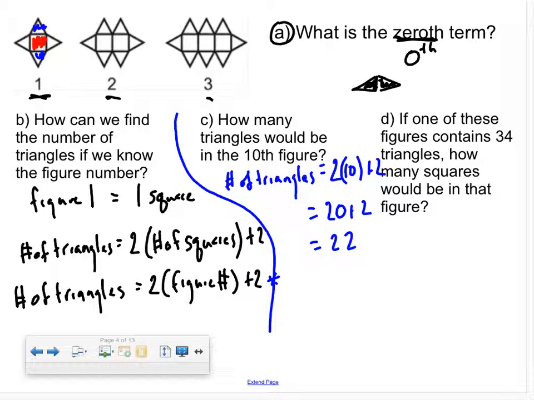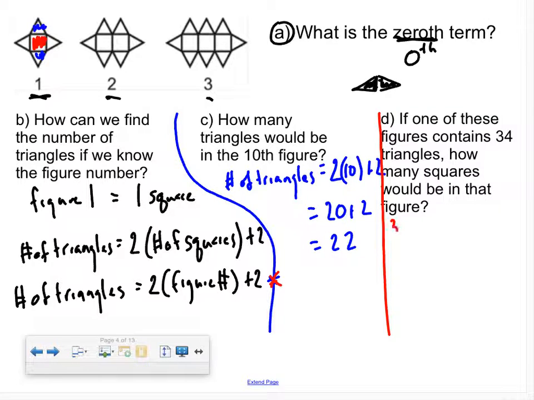If one of these figures contains 34 triangles, how many squares would be in that figure? We can use the same formula as before, because we know that the figure number equals the number of squares.